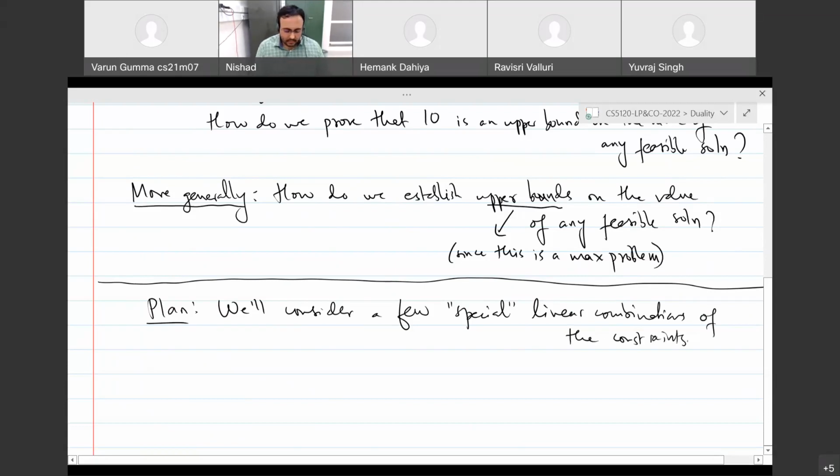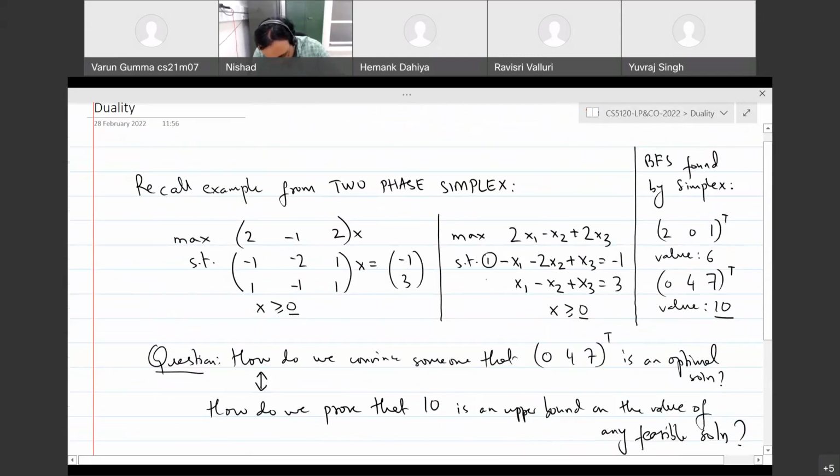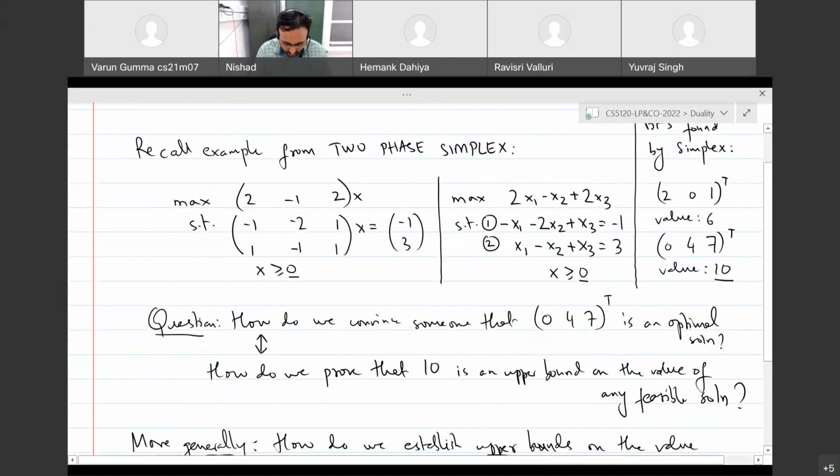So I would like to write down the constraints here. This is going to be constraint 1 and constraint 2, and we have the non-negativity, but we are going to take linear combinations of these two constraints. So let me just write them down. -1, -2, 1, -1.